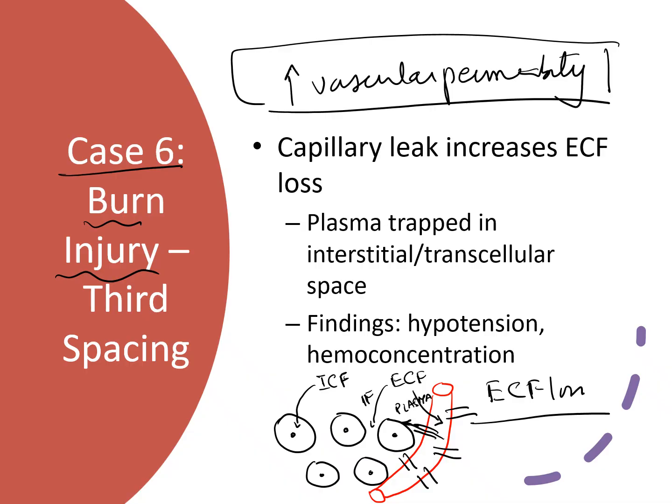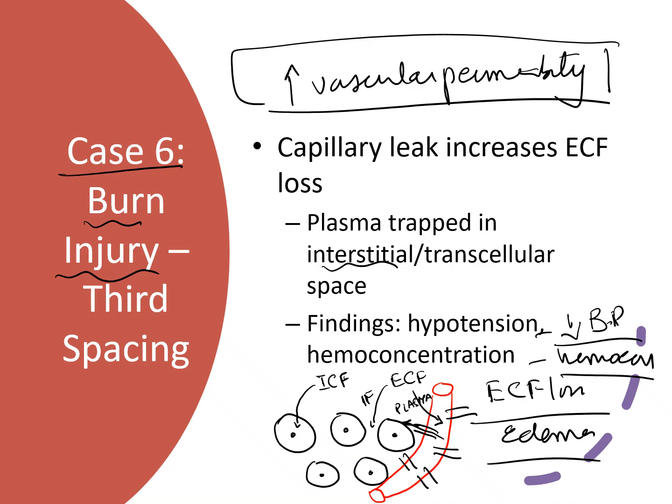Plasma can be trapped in the interstitium and sometimes can result in edema. Because you are losing the fluid from plasma, you can have low blood pressure and also have hemoconcentration. So the burn patient also requires a lot of fluid, so you can give them normal saline.